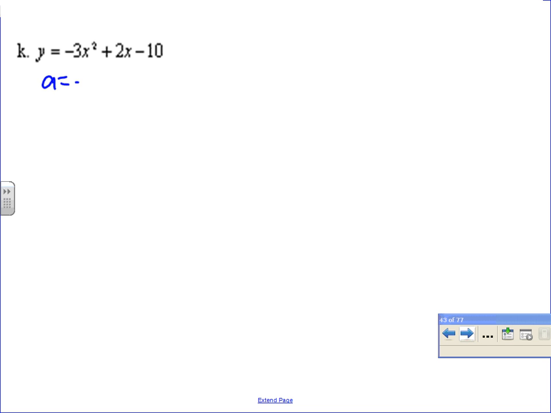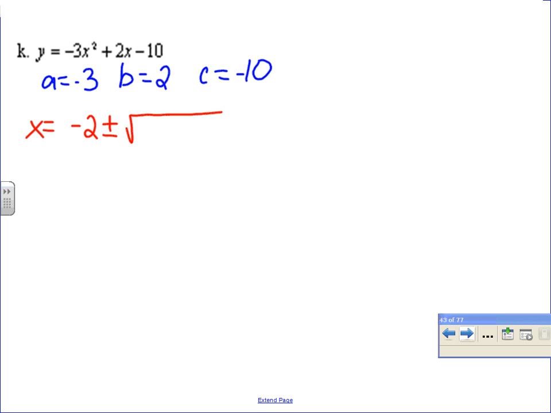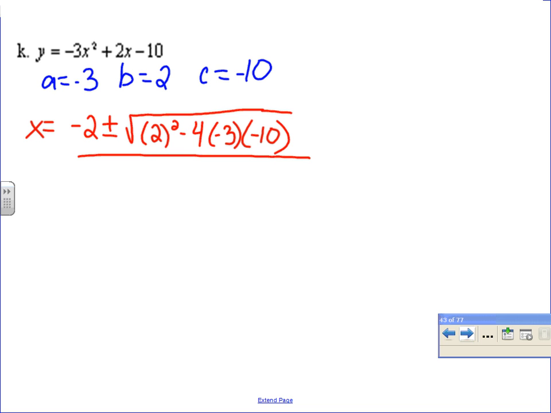So x is equal to the opposite of b plus or minus the square root of b squared minus 4 times a times c. Keep those in parentheses so we know the negatives are there, all over 2a. Okay, so let's simplify. Negative 2 plus or minus the square root of 2 squared, which is 4.